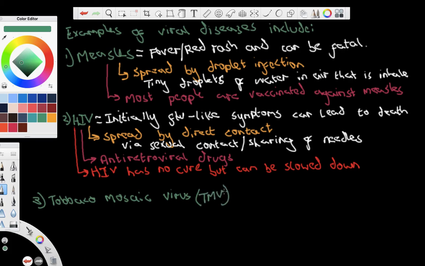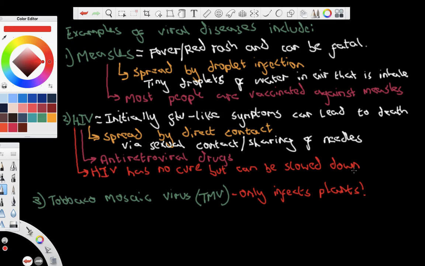Now, you'll be happy to know that tobacco mosaic virus doesn't infect people, it only infects plants. So the first thing I'm going to put next to this, in red, is only infects plants. So you cannot get TMV, okay?